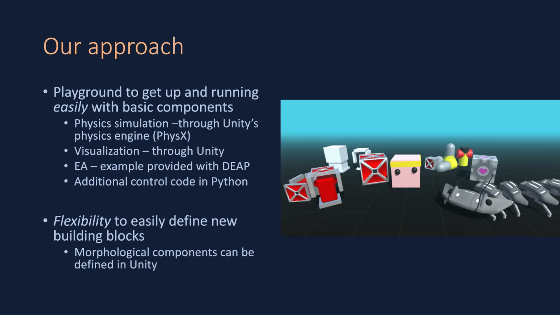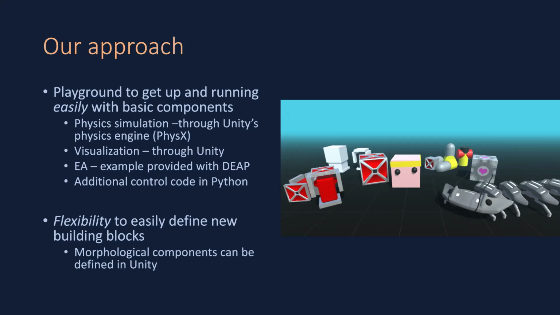Our colleague Frank is the mastermind and developer behind this framework, so all credit to him. He wanted to develop this framework to help people get into evolutionary robotics. So I'm going to show off this framework.